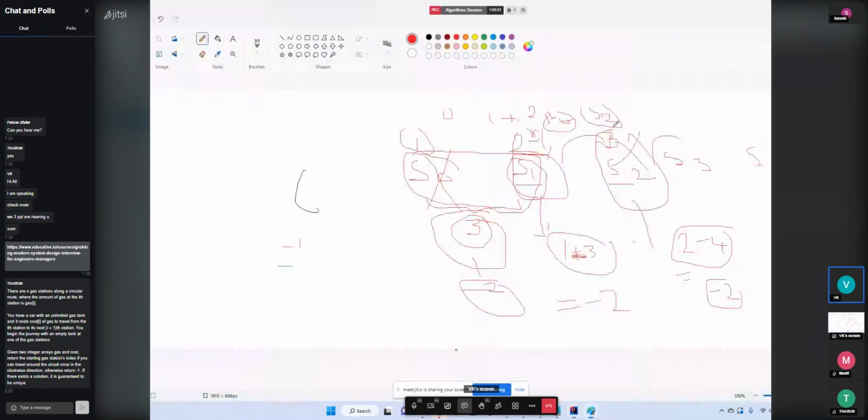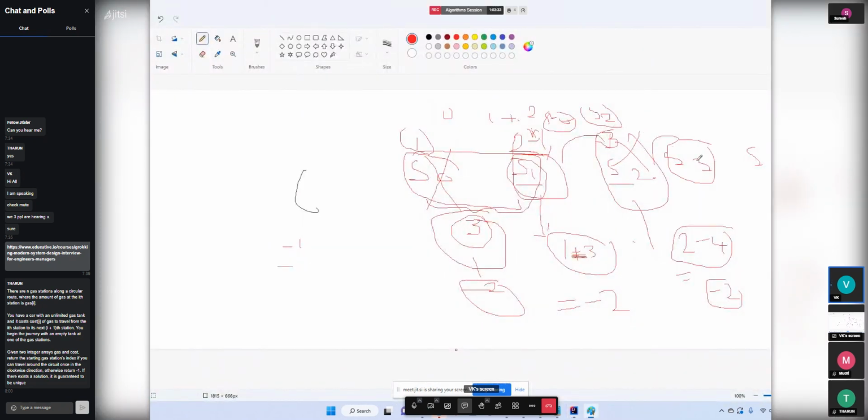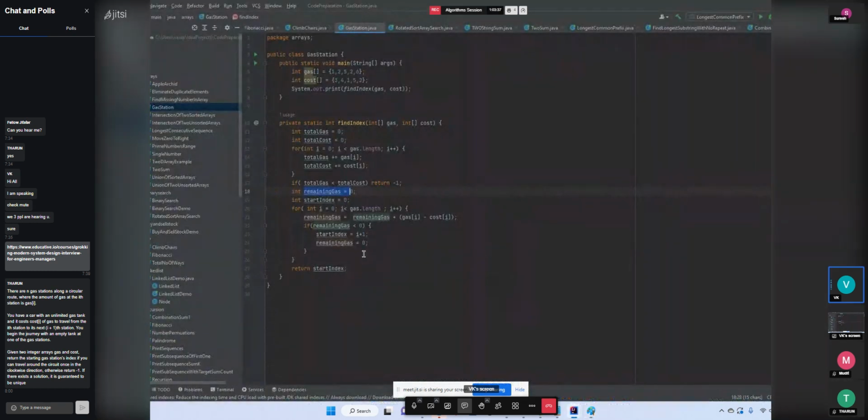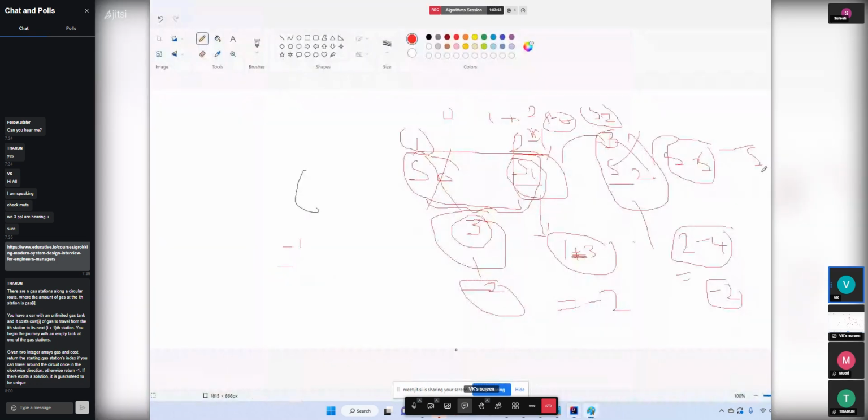So again we will start here, like that. Wherever we see it is not less than 0, there we can see that is the place from which we can traverse the entire array.